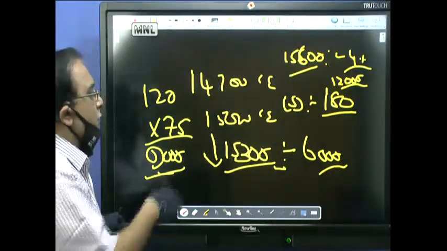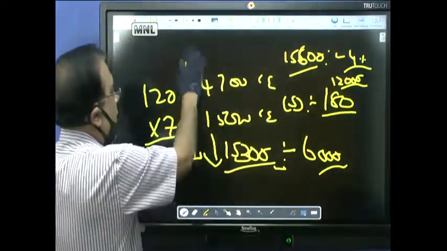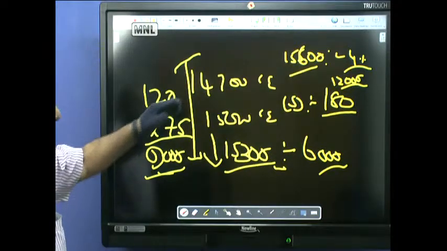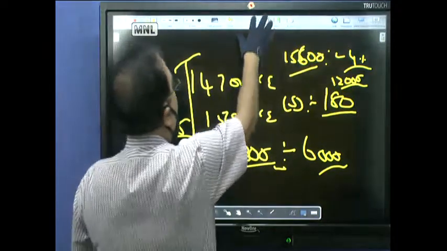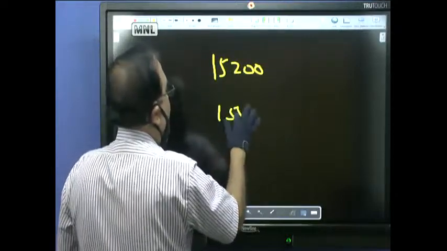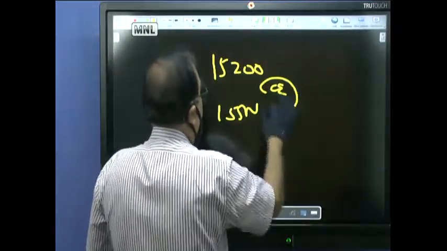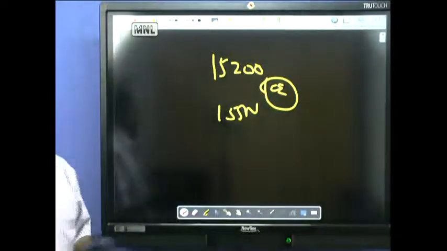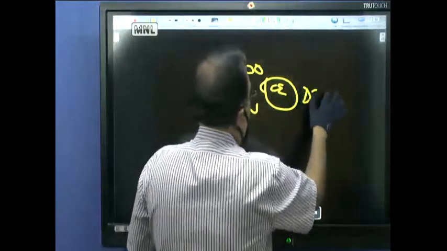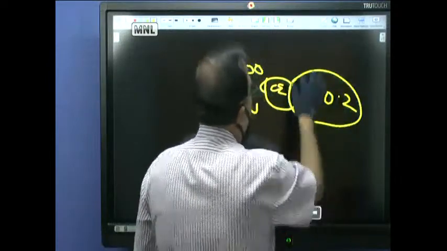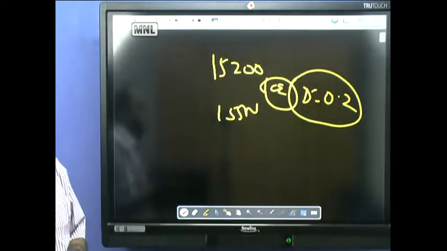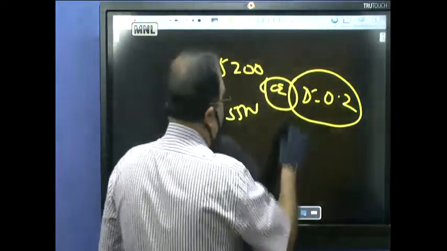Then you should remove this, and at that point you should put on a 15,200, 15,500 call spread to continue your movement on the upside with the same delta of 0.2. So always you should maintain the delta of 0.2.